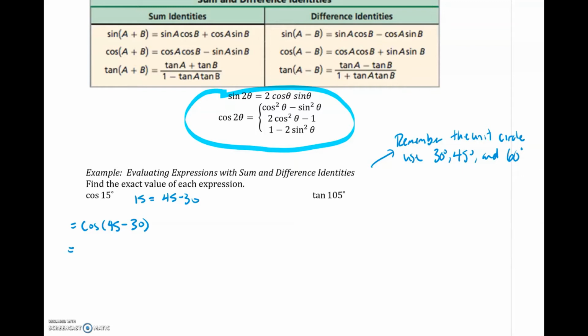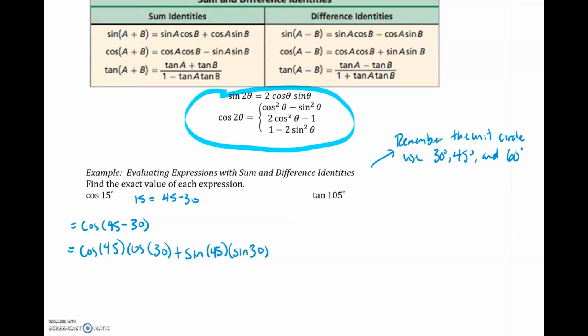Then we'll get cosine of 45 times cosine of 30 plus sine of 45 times sine of 30.